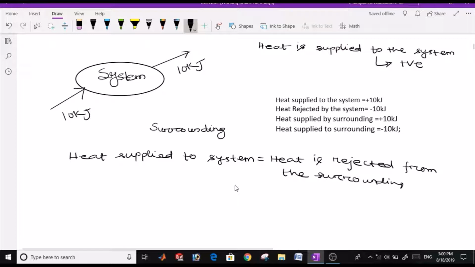So in both the cases, we can say Q is positive. So heat will be positive, that is the sign convention for heat transfer.